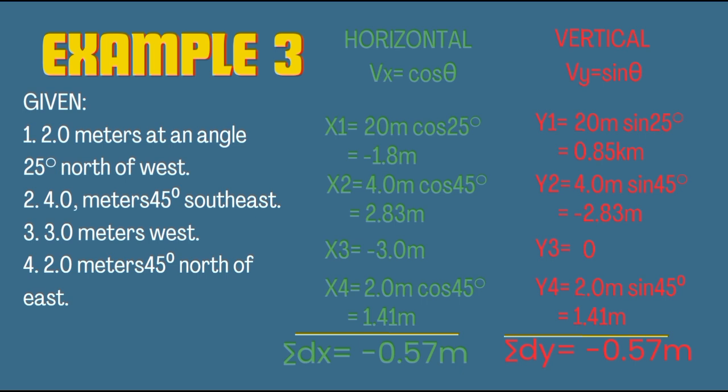And for the x3, negative 3.0 meters because it only says west. For the x4, 2.0 meters cos 45 degrees, which the answer is 1.41 meters positive. The same as the y4, 2.0 meters sin 45 degrees, which will have the same answer, 1.41 meters, because it belongs in north and east, so they are both positive.